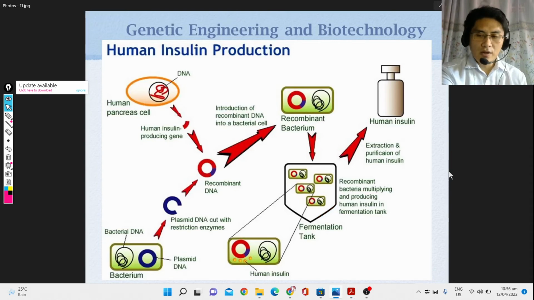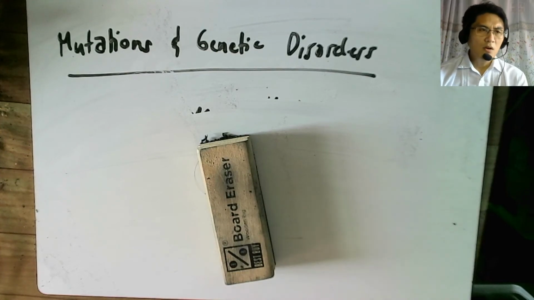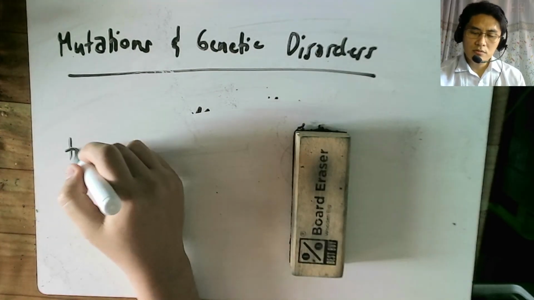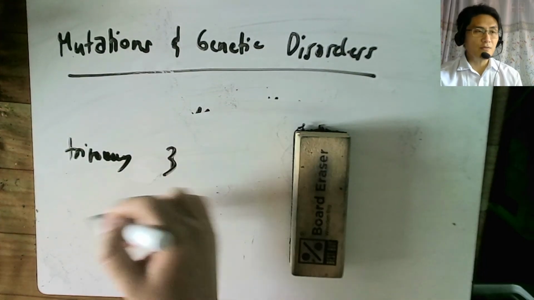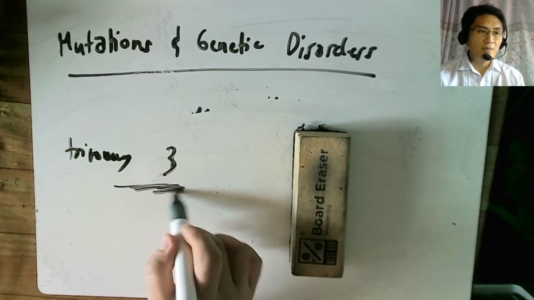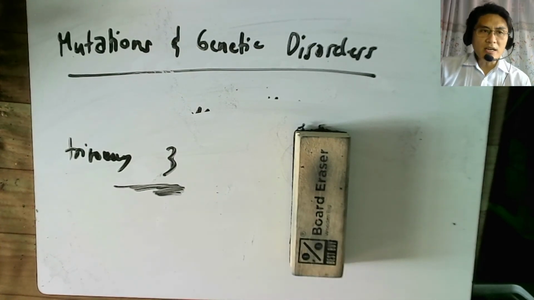So that's it for the genetic disorders, right? Now you might be asking, sir, if there is a trisomy 21, which is Down syndrome, why don't we have a disorder called trisomy 3, wherein you have three copies of chromosome 3, trisomy 4, trisomy 5, and so on and so forth? To be honest, I don't know.